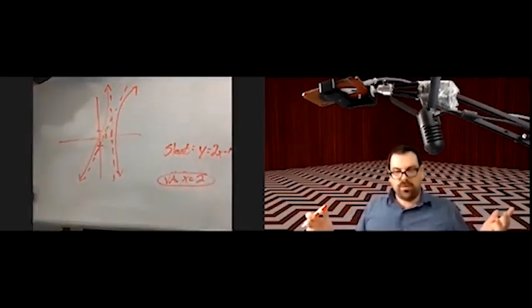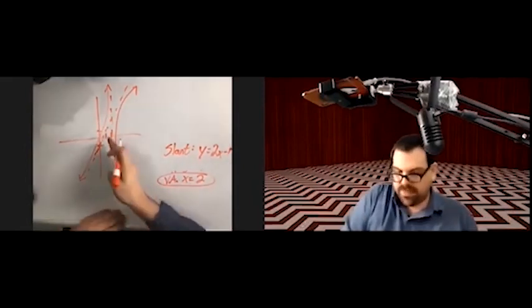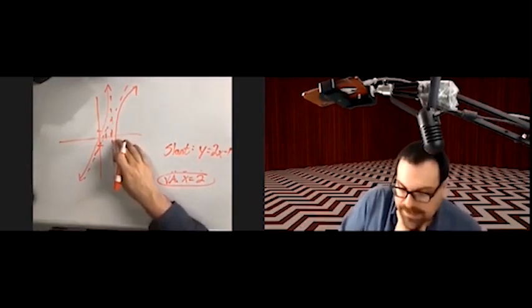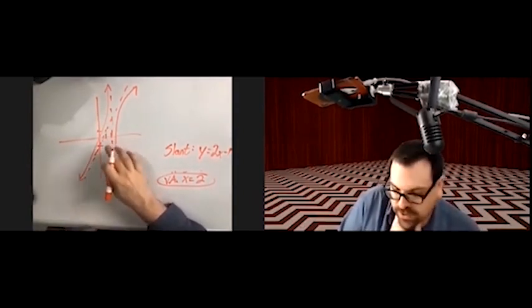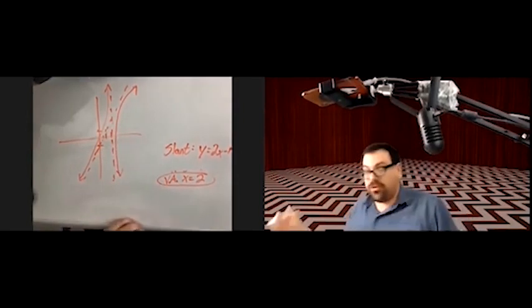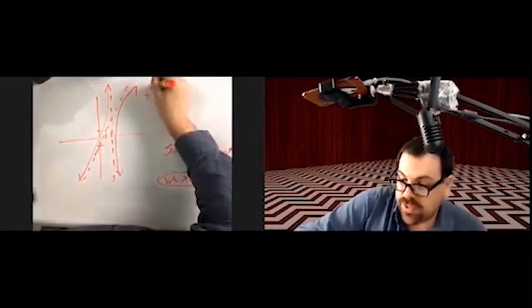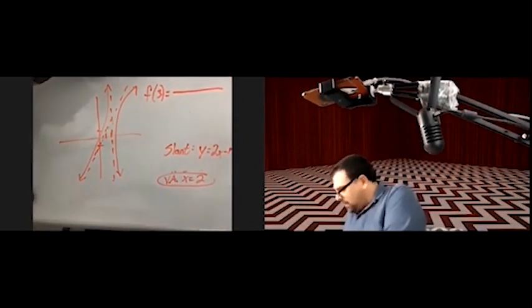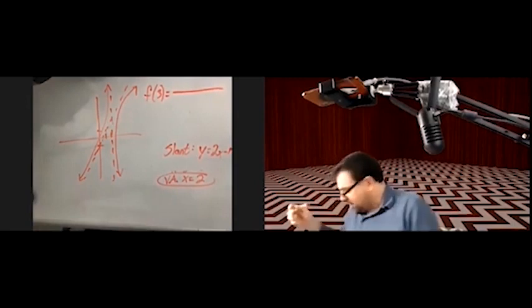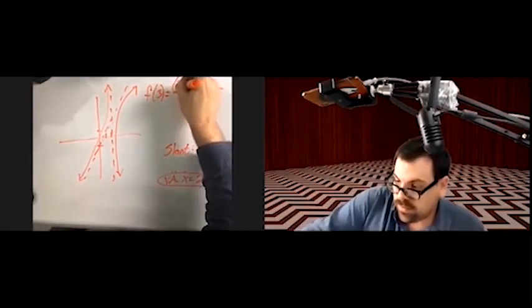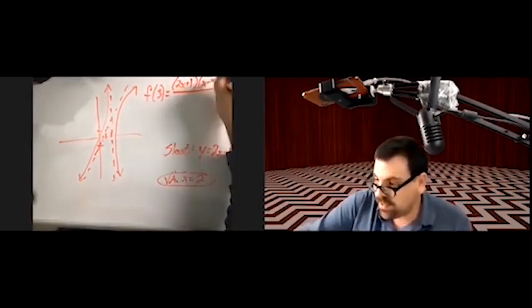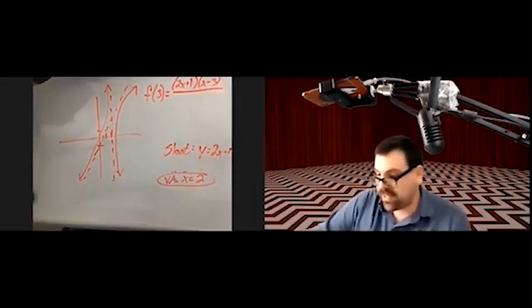How do we know? Well, if I picked something to the right, what would this be? There was a vertical asymptote of 2. If I plugged 3 into the original function, and I'll actually use factored form here, 2x plus 1 times x minus 3 all over x minus 2.